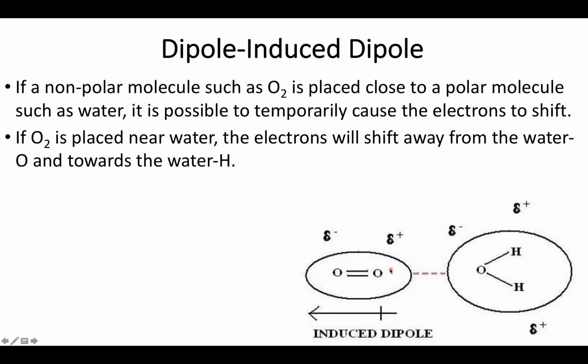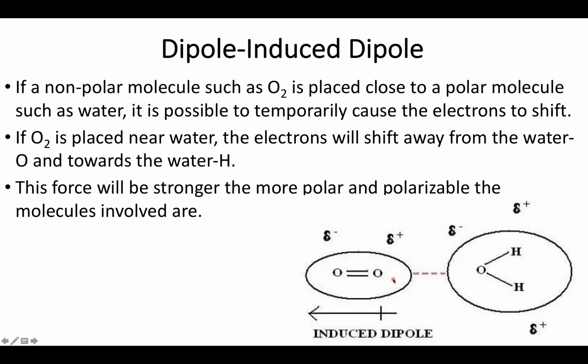And so the electrons will shift away from this oxygen, generating a negative charge over here, positive charge over here, which pulls the oxygen just a little bit closer, makes it a little bit more stable in water. And in general, this force is going to be dependent on how polar my polar molecule is and how polarizable my nonpolar molecule is. The easier it is to shift those electrons, the tighter it will be held.